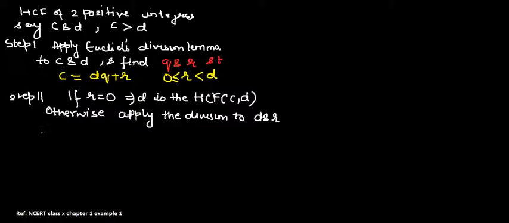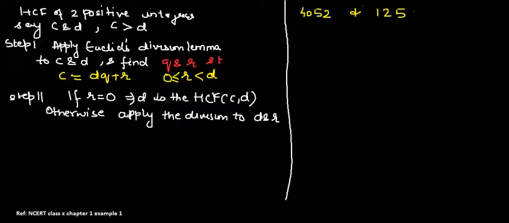For example, let's look at this example here. The two numbers given to us are 4052 and 12576.